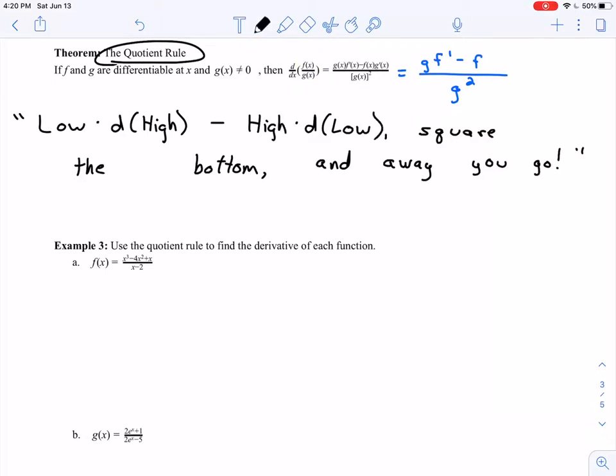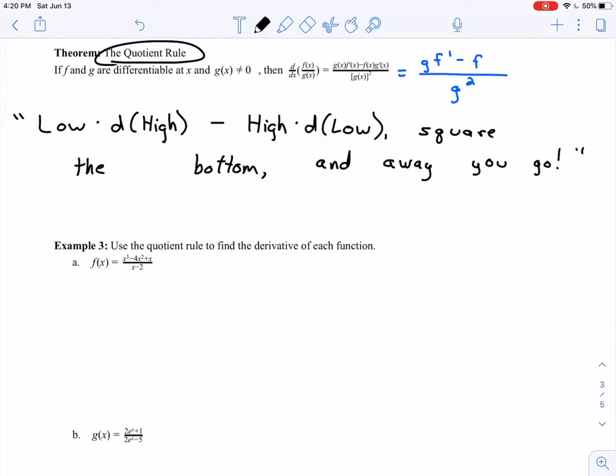I will often say it out loud to myself or just say it mentally as I'm taking a derivative using the quotient rule, to check my work and mostly out of habit. But I do think it's genuinely helpful in remembering the quotient rule because the formula is a little bit longer.